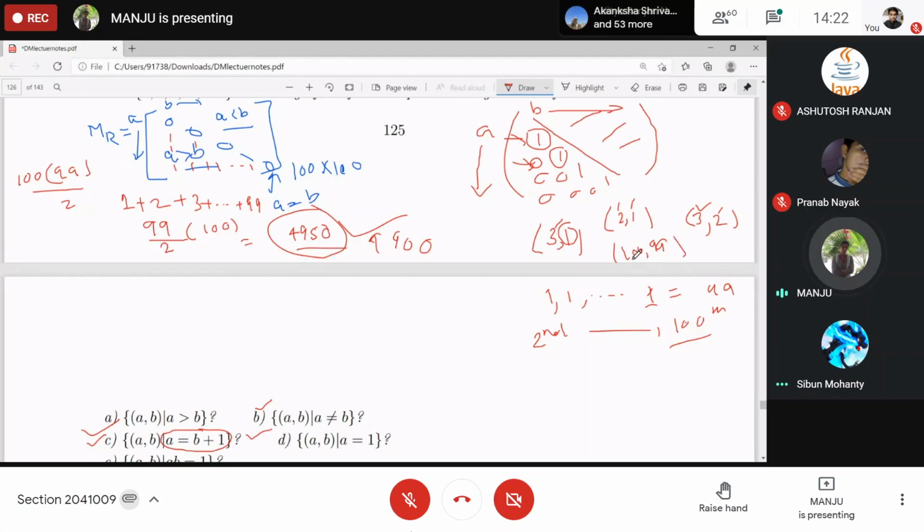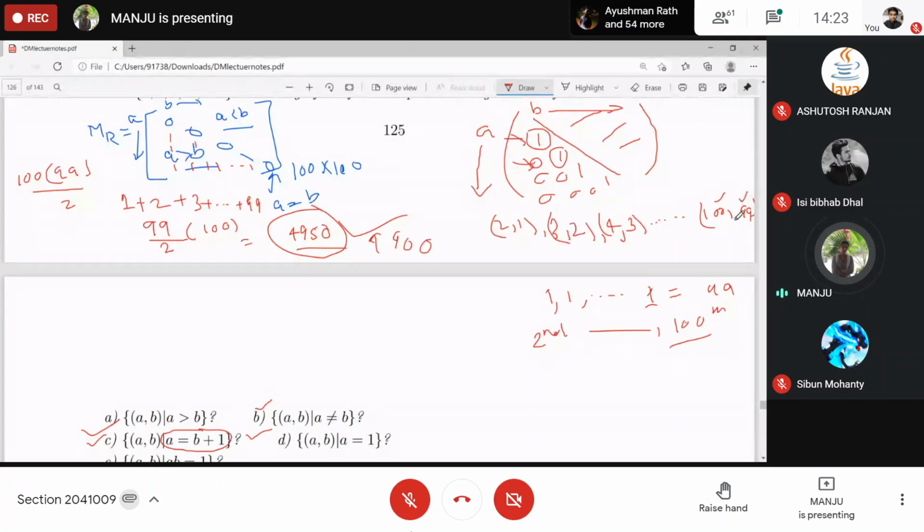Right? 100th row. So let me give you all the entries for this relation. Corresponding to this one, you have 2, 1, 3, 2, 4, 3, 5, 4, and so on, 100, 99. 100 is equal to 99 plus 1, so this is also there.